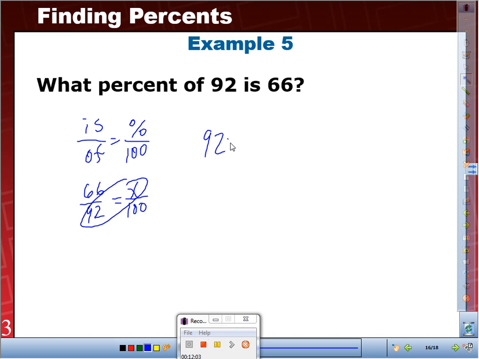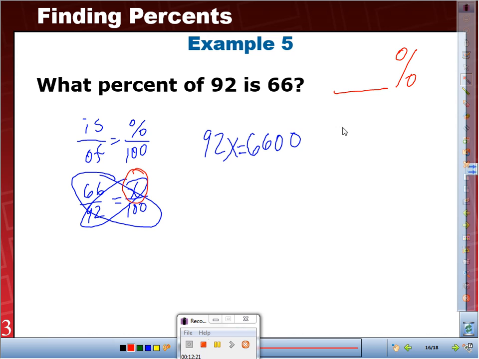So therefore this is 92x and this is 6600. Now on this one I noticed that the percent was missing. So automatically I'm going to write over here percent and I fill it in. From there I divide by 92, divide by 92.